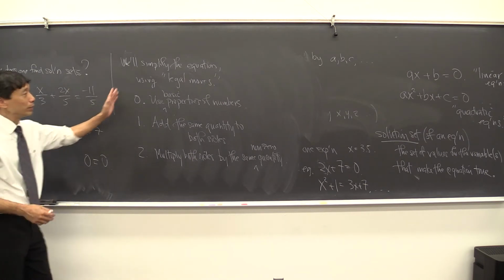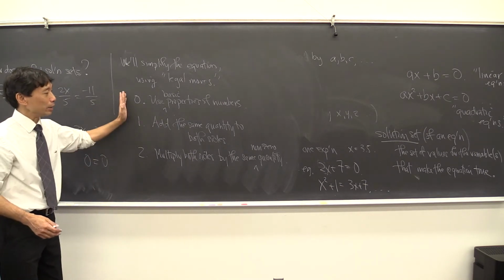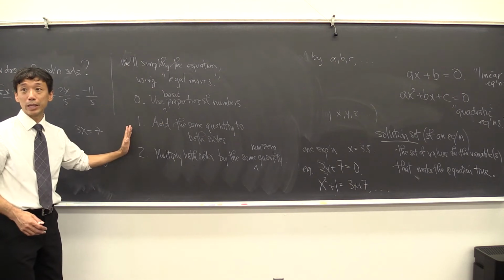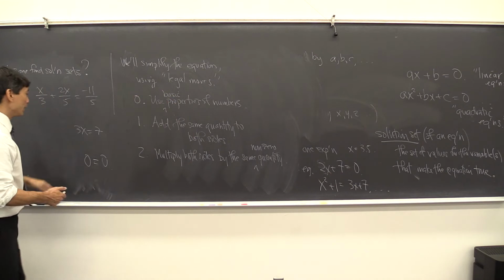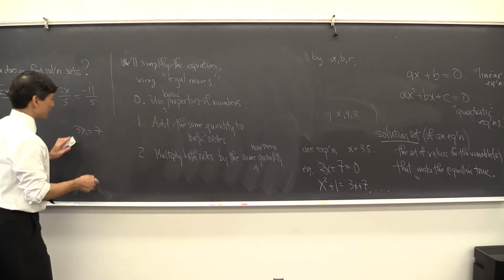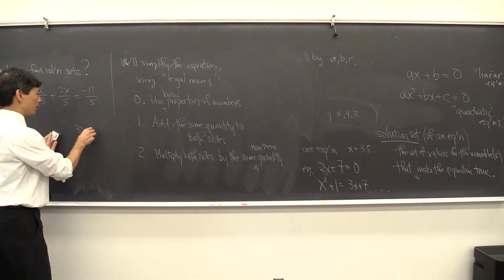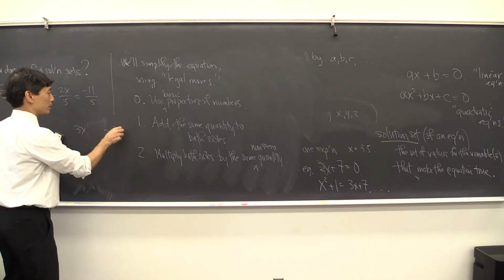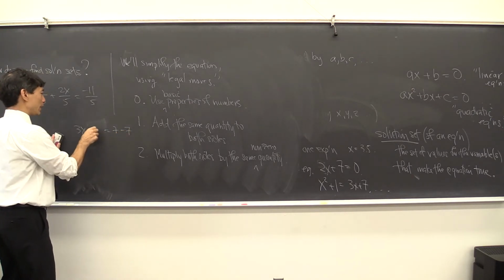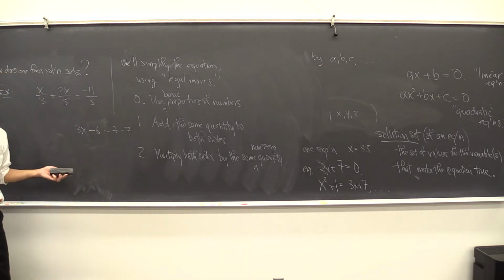But if you do only these things, then you don't change the solution set. That's why I said these are the legal moves. For another crazy example, suppose I subtract 7 from this side, but I subtract 6 from this side. Have I changed the solution set? Yes, very much so.